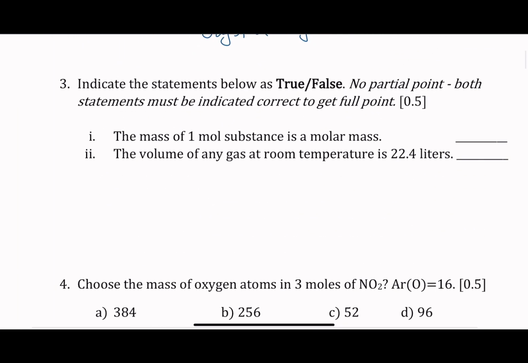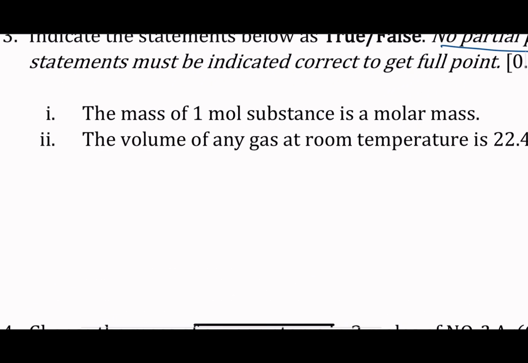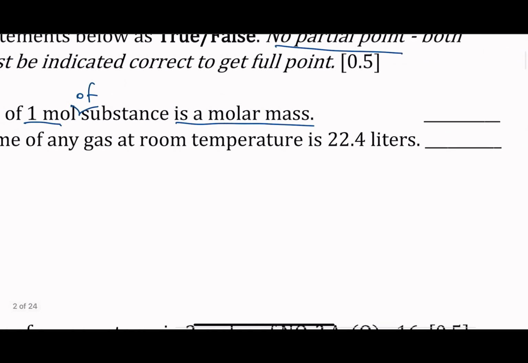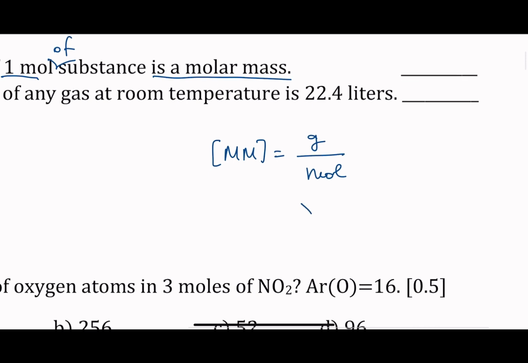Indicate the statements below as true or false. No partial point will be given if you don't get both of them right. It says mass of 1 mole of a substance is the molar mass. It is true. We know that the molar mass unit is grams per mole, meaning x grams per 1 mole.